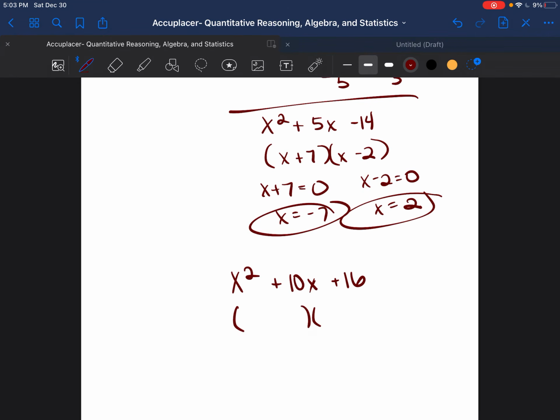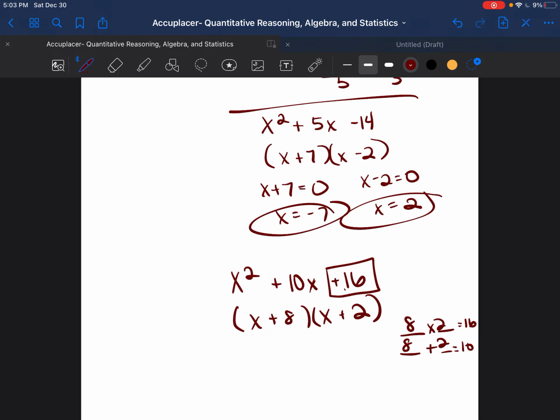I would break this down, X and X. We need two numbers that multiply to get 16 and add to get 10. So I would do 8 and 2.